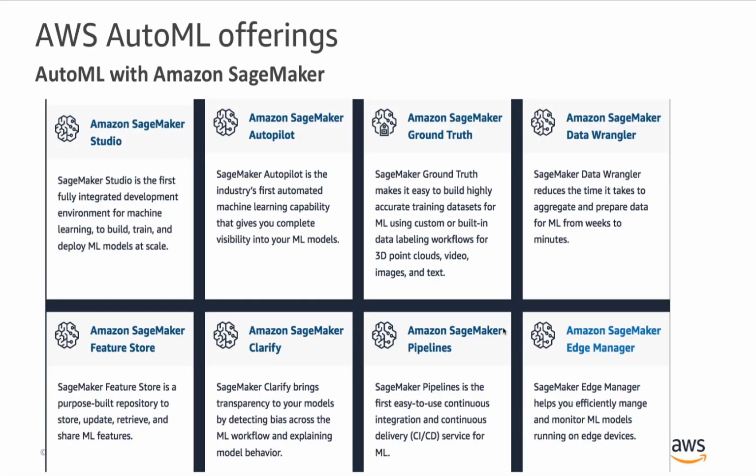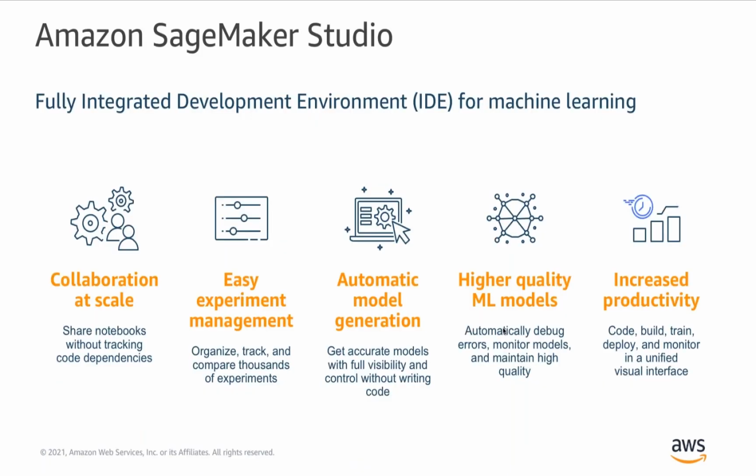Now, if you were to look into Amazon SageMaker specifically, you have AutoML capabilities sitting within that. And specifically today, we'll be talking about Autopilot, which helps you automatically build and train models for the data set that you bring in while providing complete visibility into the machine learning models that it builds. So Amazon SageMaker and SageMaker Studio are the vehicle where Autopilot resides.